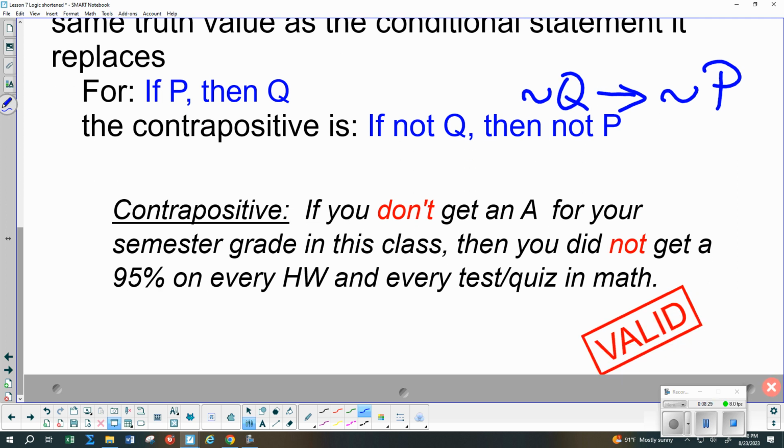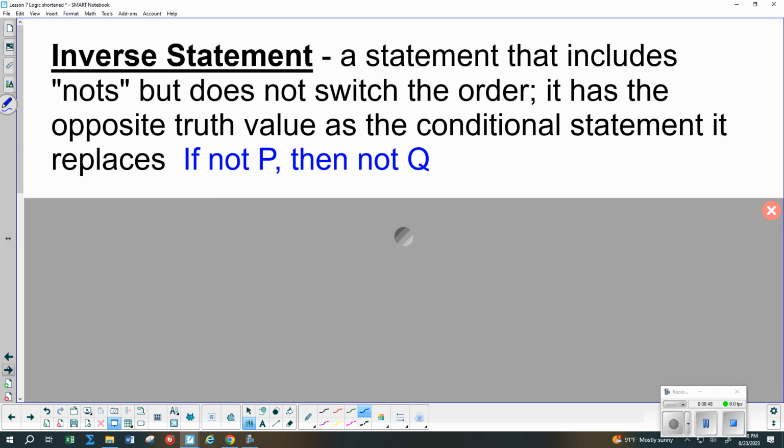Those are the two that are going to be good logic, valid arguments, matching the original pattern or matching the contrapositive, switching the order and putting nots in on both of them. But we also need some reasons for the ones that don't work. One of the ones that does not work is called the inverse.